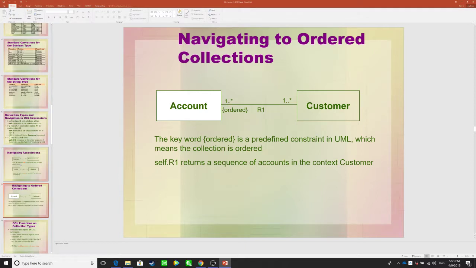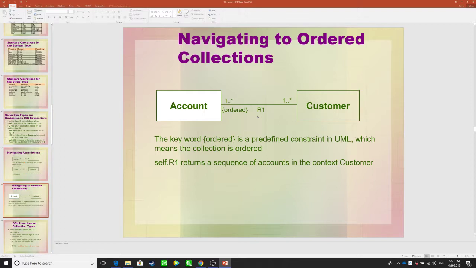Ordered collection. When you want to navigate into an ordered collection, a sequence in this case, what you want to do is just add this keyword ordered there. See that keyword ordered there, so that when you use self.r1, it will return a sequence.